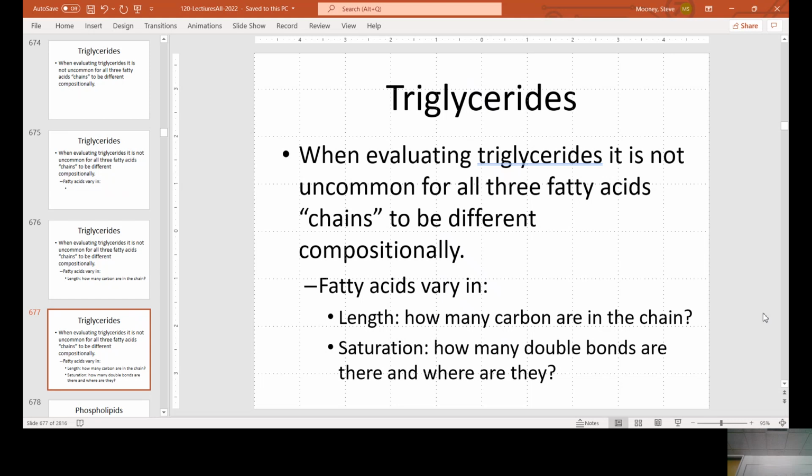How many carbons are there? And in saturation, how many double bonds do they have, and where are those double bonds located? I think there's somewhere around 400 different possibilities that you're going to find in milk.